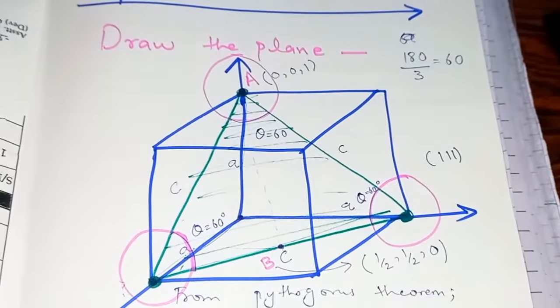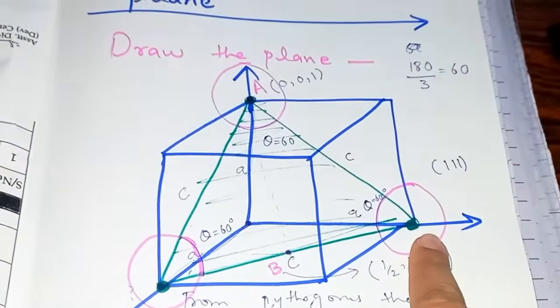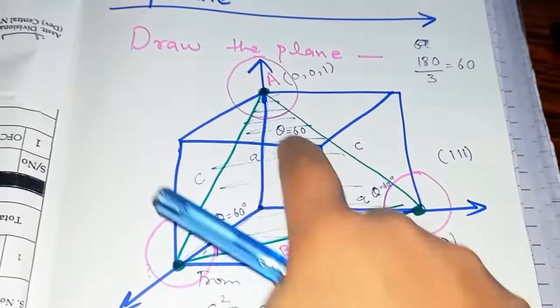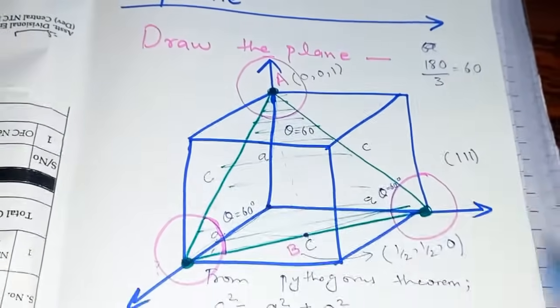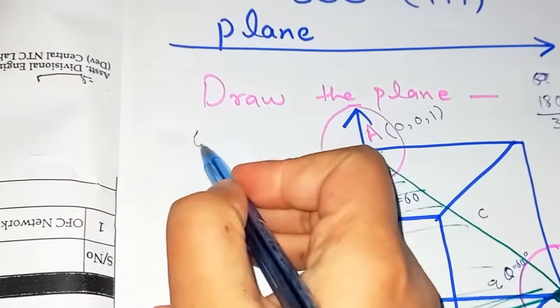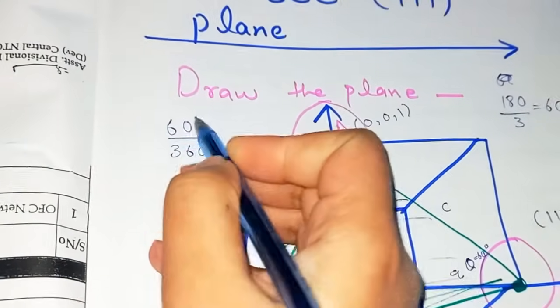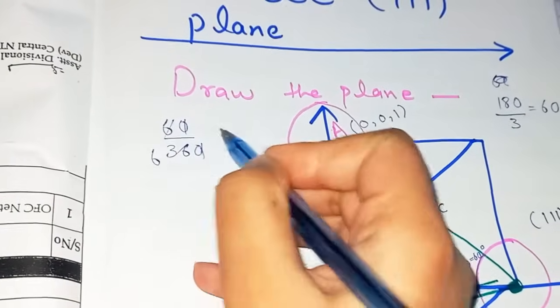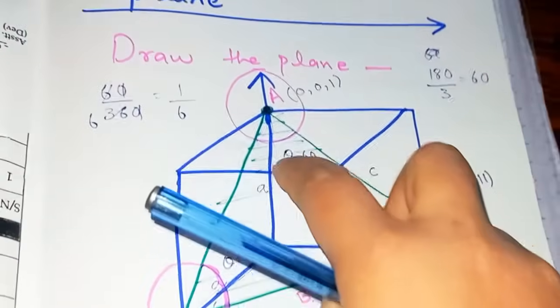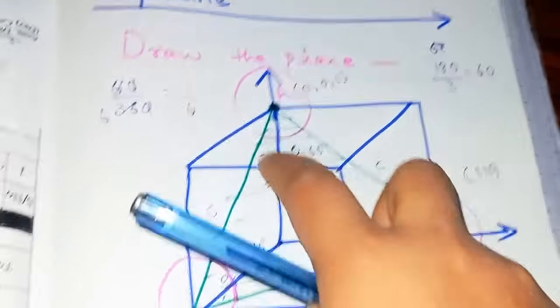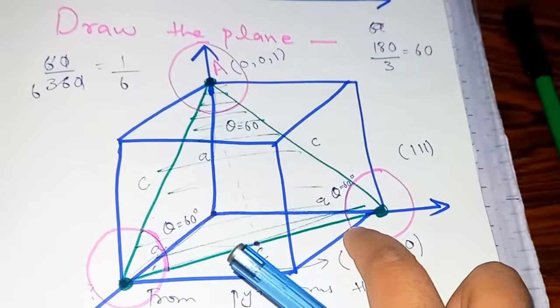Only in an equilateral triangle are all of the angles 60 degrees. So this is 60 degrees and the total angle of the circle is 360. So the atom's contribution to the plane is 60 divided by 360, which is 1/6. So 1/6 by this atom, 1/6 by this atom, 1/6 by this atom.